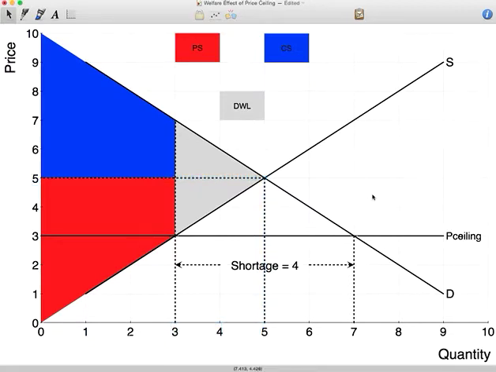Now, also, we have to account for another area. Remember, the price ceiling is below the equilibrium price. So with a lower price, the consumers that can still purchase this product are going to generate more consumer surplus because the price has fallen. Remember, consumer surplus is the difference between the maximum somebody is willing to spend and what they actually spend.